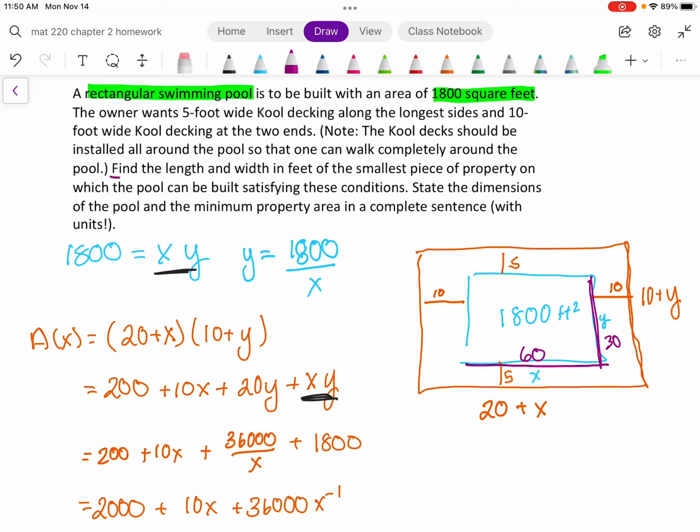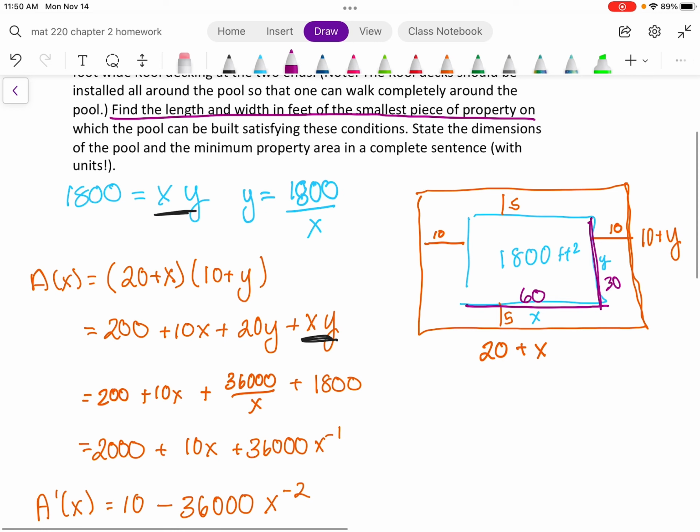I'm being asked to find the length and width in feet of the smallest piece of property on which this whole thing would be built. So I actually need the overall dimensions. So the 60, I'd need to add it to 20 and get 80 feet, and then that 30 would get added to 10, 40 feet.